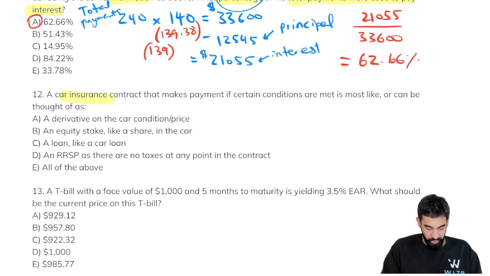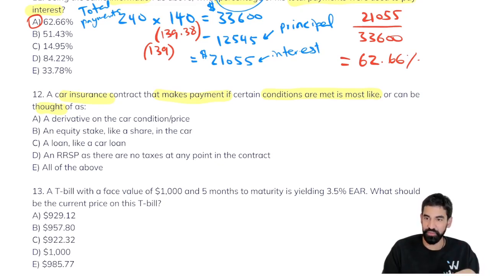A car insurance contract that makes payments if certain conditions are met is most like, or can be thought of as, what? This is also a weird theory question that they put. What is car insurance? Basically, the insurance company will pay you if you keep the car in a certain condition. Like, for example, the tires, the engine, the oil change, things like that.